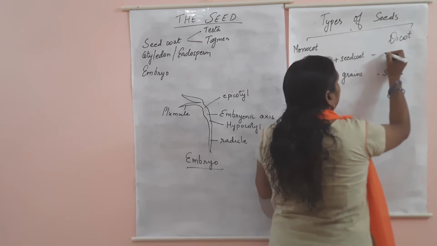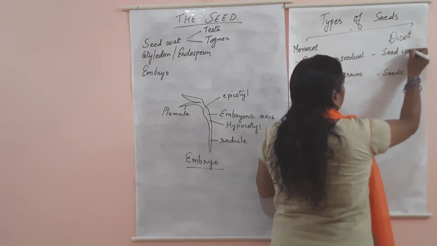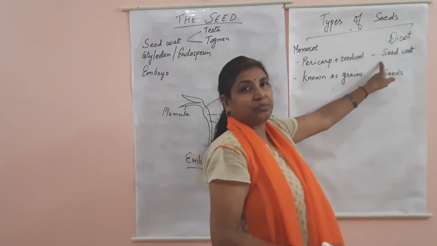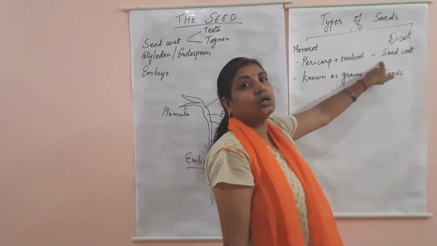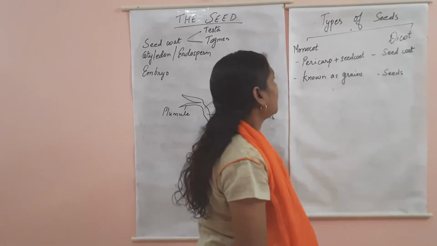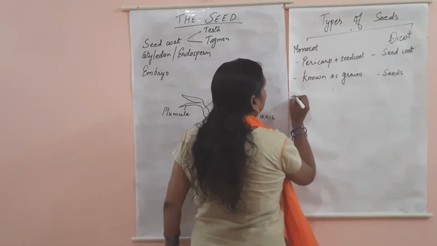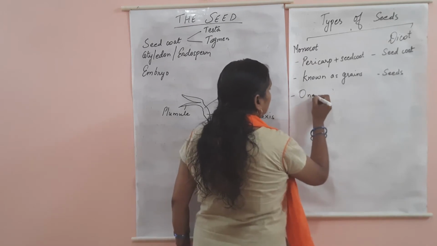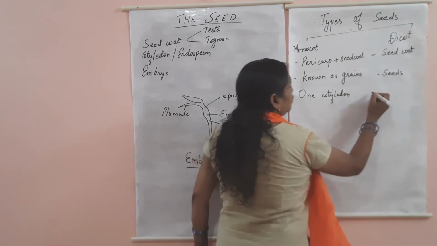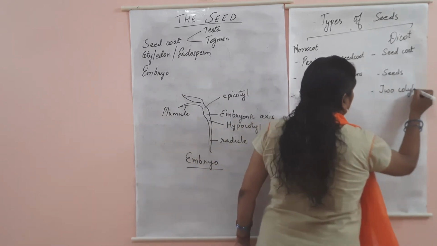They have seed coat which is separate and encloses the seed. It is not fused with pericarp. Then the most important thing, in monocot seed only one cotyledon is present, whereas in dicot seeds two cotyledons are present.